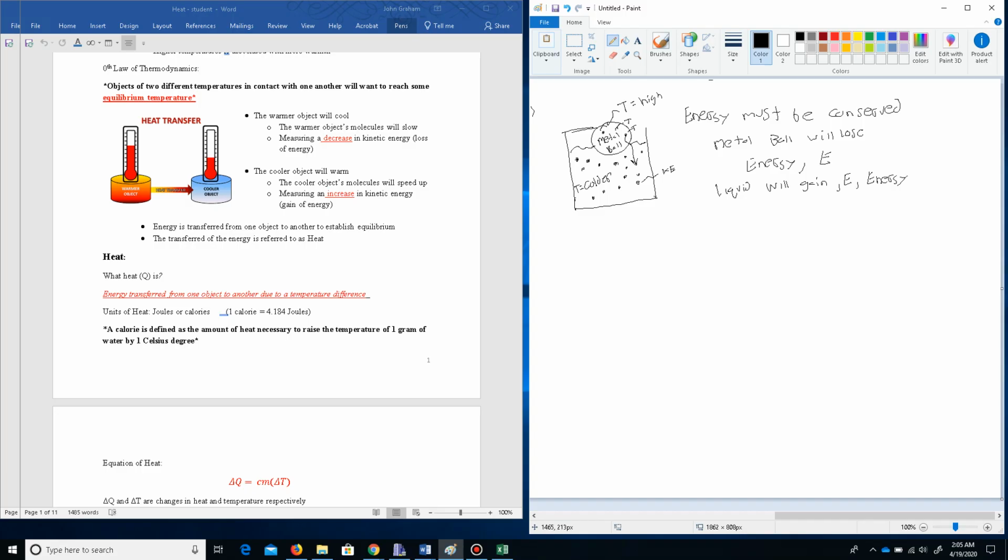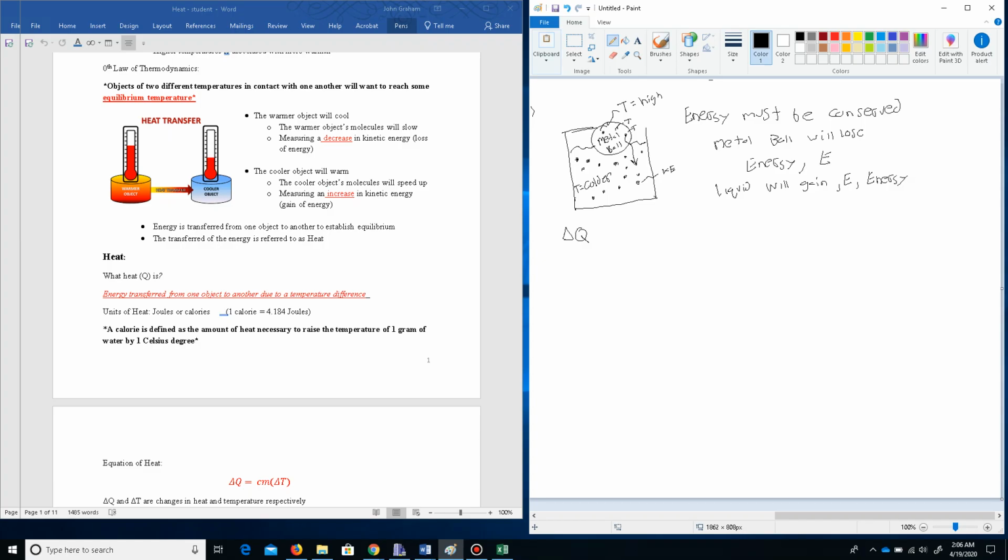Okay. What this liquid gains, this metal ball has to lose. No more, no less. That transfer of energy is what we look at as heat. So heat itself is defined as the transfer of energy. We label heat a lot of times as a change in Q.